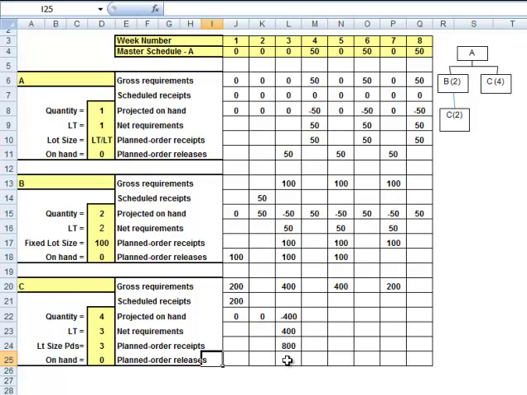Does this happen in the real world? It happens all the time. It happens every day. So, how's MRP going to deal with this situation? It says you should have done something in the past, but you didn't do it. That's like saying you should have done your homework on the date it was due, but you didn't do it.